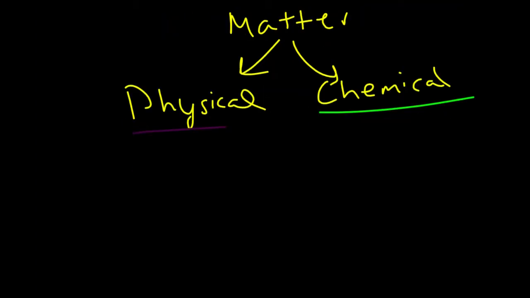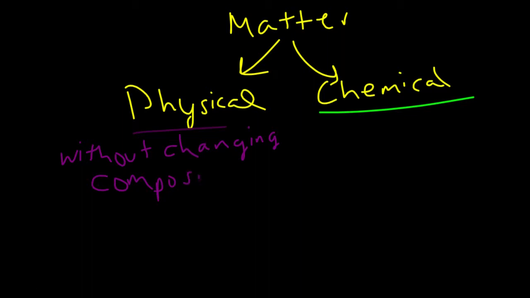Now, physical properties of matter are qualities that can be observed without changing, this is very important, without changing composition. So what that means is we don't have to burn or destroy composition. We don't have to do any of that in order to observe them.